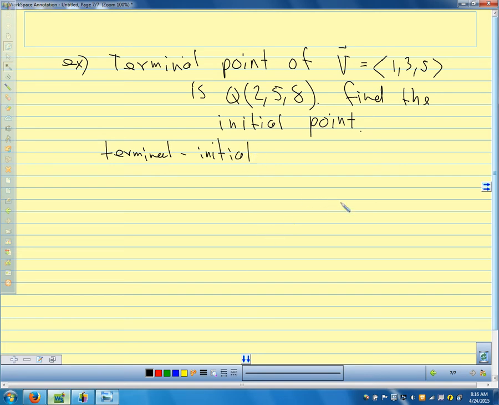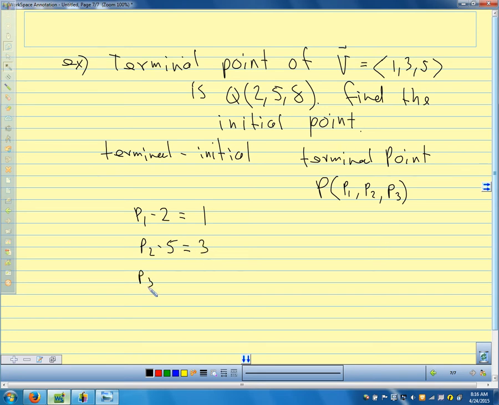So let's call our initial point P, with coordinates P1, P2, P3. So terminal minus initial, P1 minus 2 has to equal 1, the x component. P2 minus 5 has to equal 3.